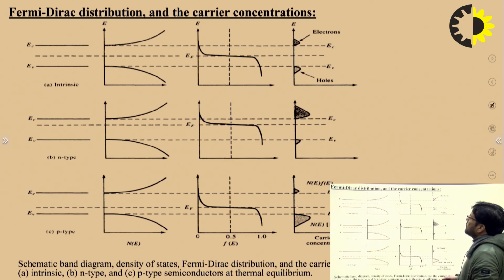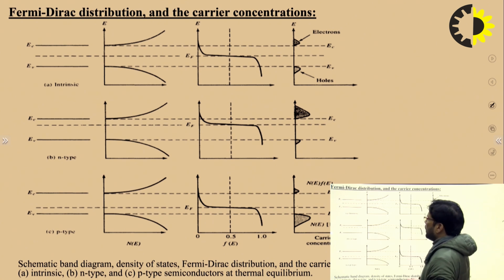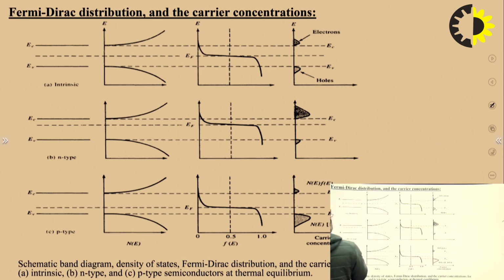So this is an energy band diagram of different kinds of semiconductor. The first one is the intrinsic semiconductor, as you can see here. This is intrinsic, N-type and P-type. Basically here we define the Fermi level. You can see this is the valence band energy level, the conduction band energy level, and the middle one is the Fermi energy level.